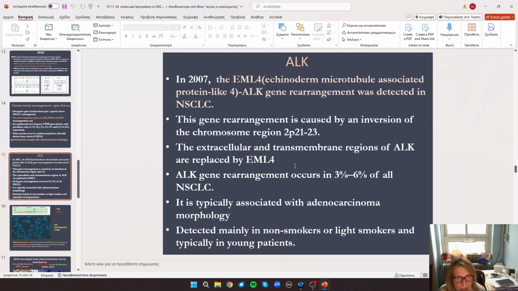In this new protein, the extracellular and transmembrane region of ALK are replaced by EML4 regions. Rearrangement occurs in 3% to 6% of all non-small cell lung cancer. It is typically associated with adenocarcinoma morphology, and it is detected mainly in non-smokers or light smokers and in younger ones.